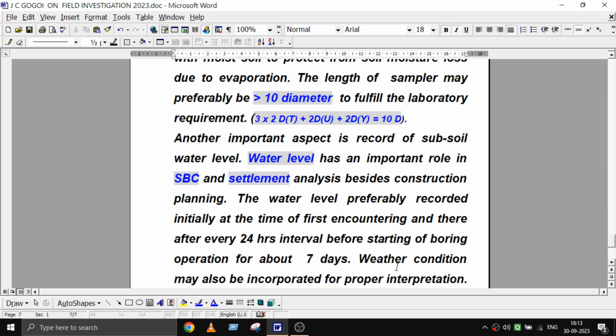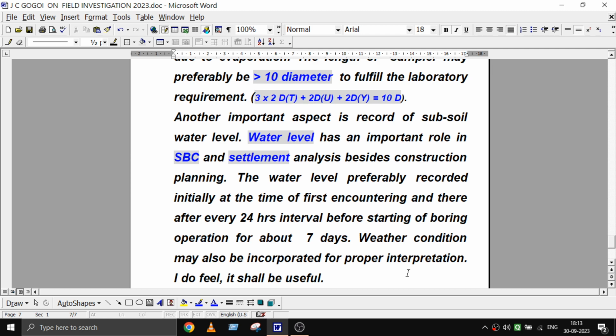And weather conditions, whether fair weather, rainy weather, or hot weather, everything shall be incorporated for proper interpretation.